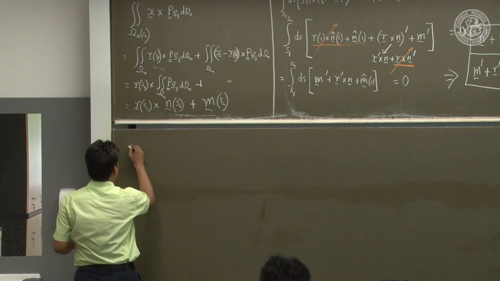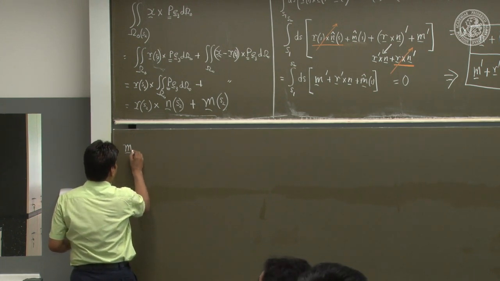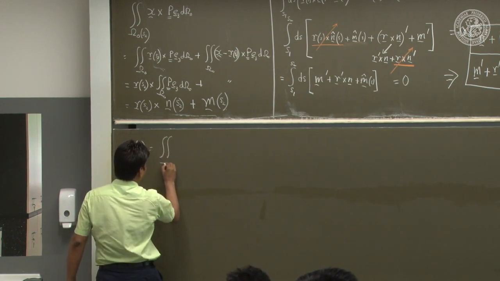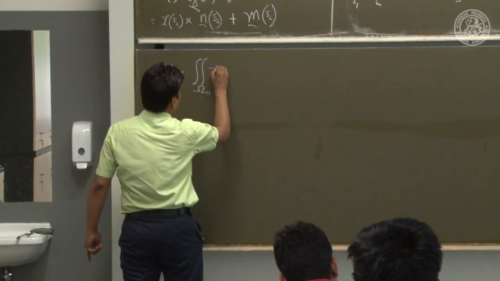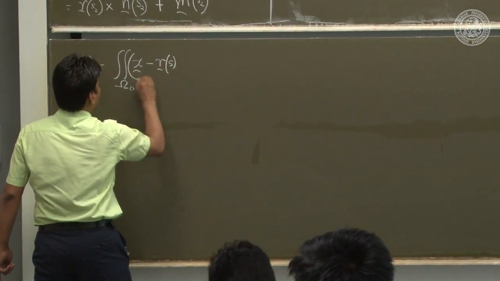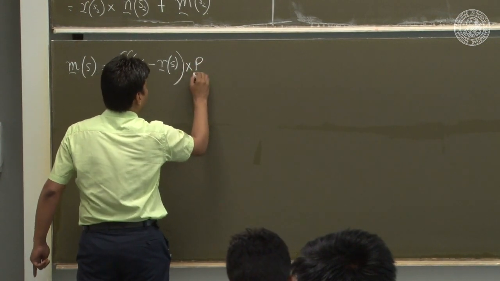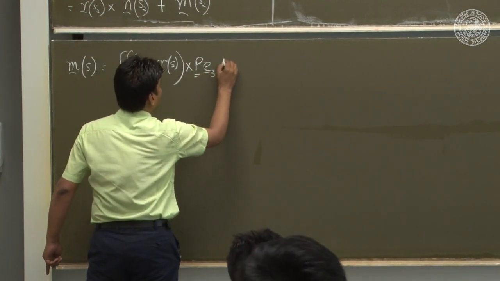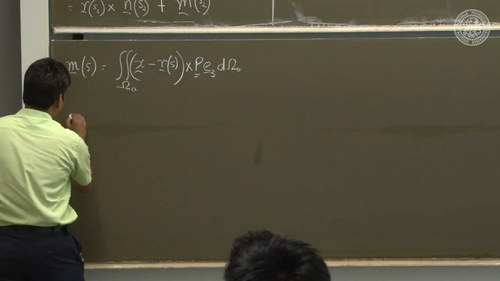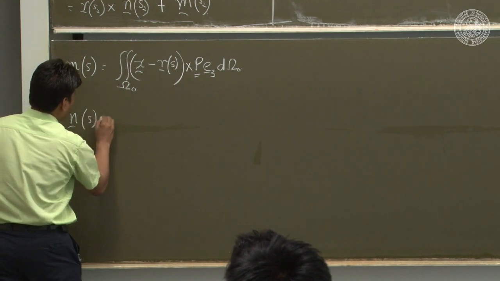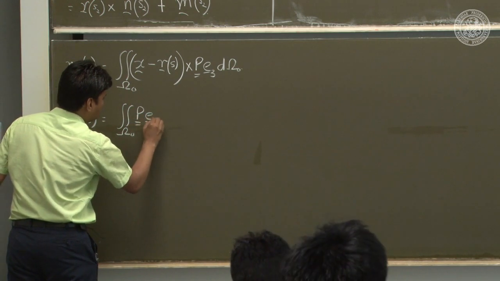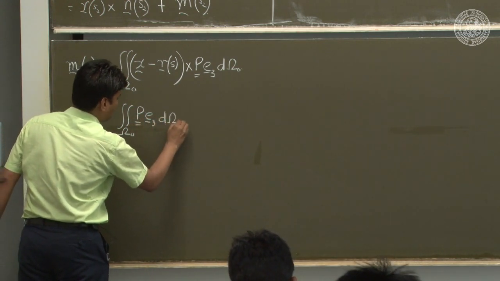So m of s, for us, is the integration over the cross section of little x minus small r of s cross p e3 d omega naught, whereas n of s is simply the integration over omega naught of p e3 d omega naught.